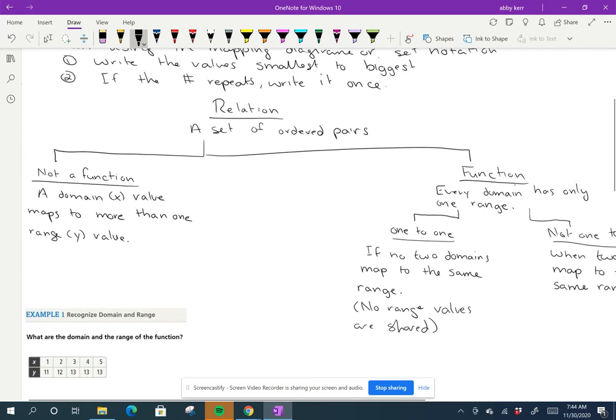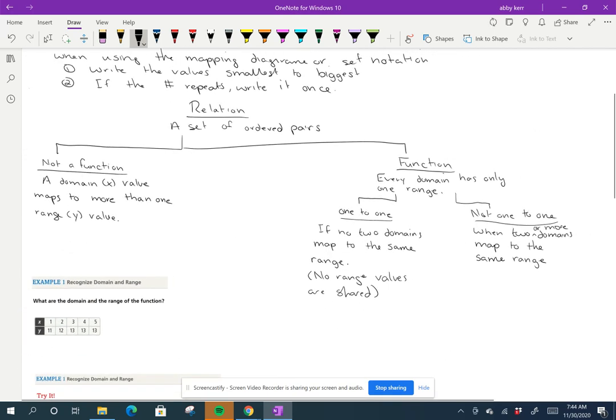All right, so we're going to come back to this tree map to help us with our examples.